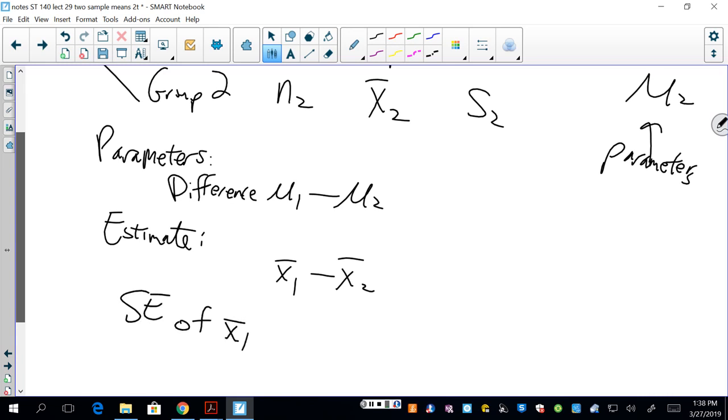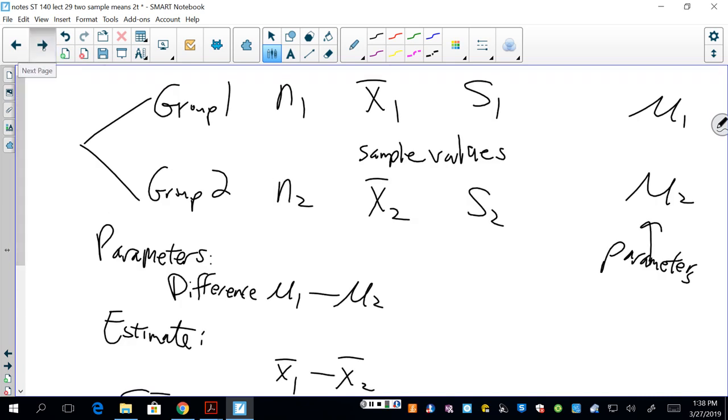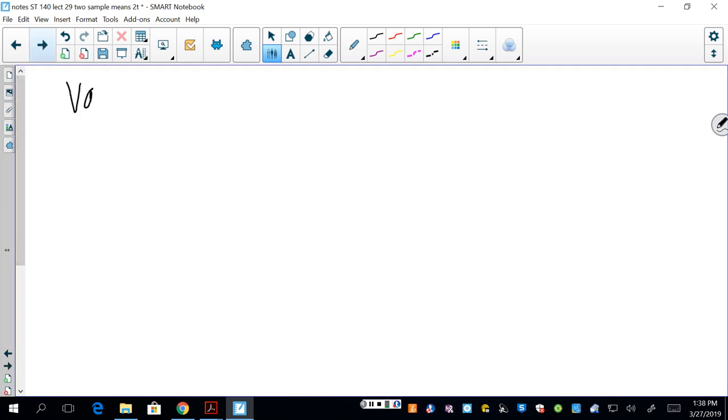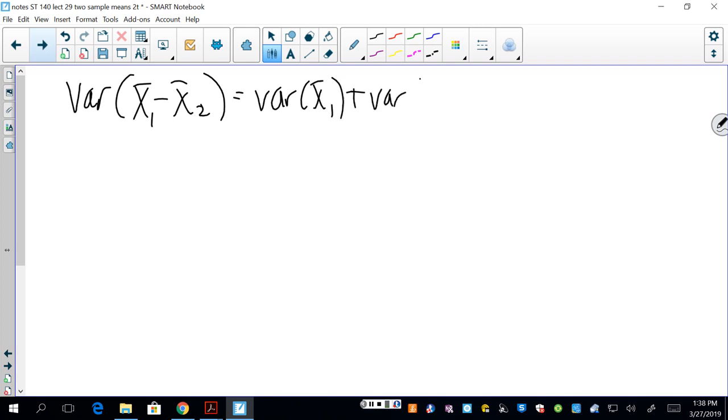of x bar 1 minus x bar 2, and we need a distribution, right? So if we reach back to some of the probability work, we can figure out a little bit more about this standard error. So the variance of x bar 1 minus x bar 2 can be written as the variance of x bar 1 plus the variance of x bar 2.